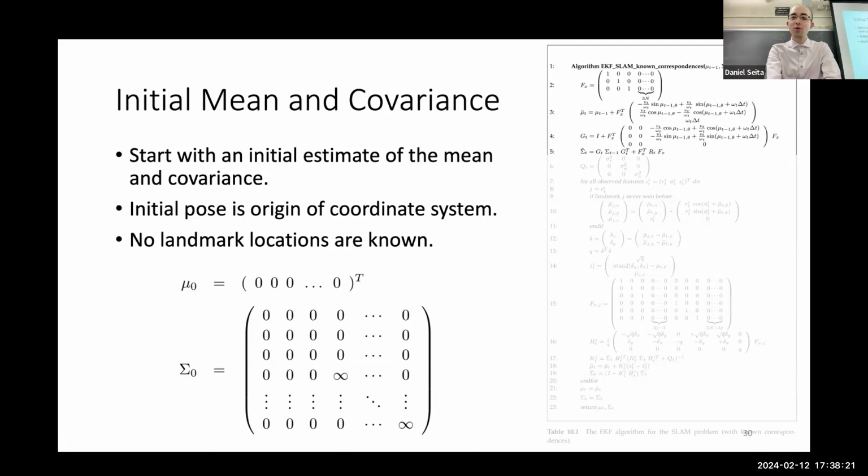So a quick question: this is what the input is, but where's the map? Where's the map here? So the map is part of mu, right?